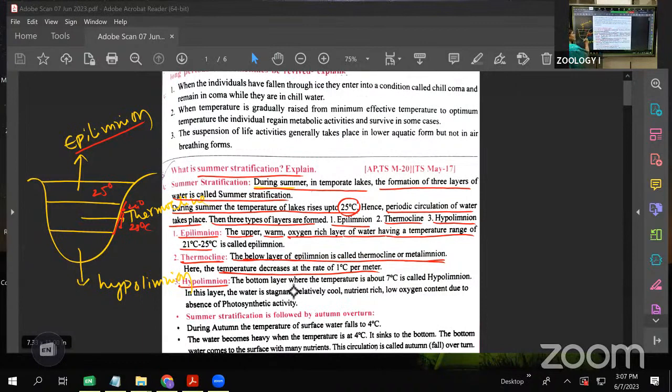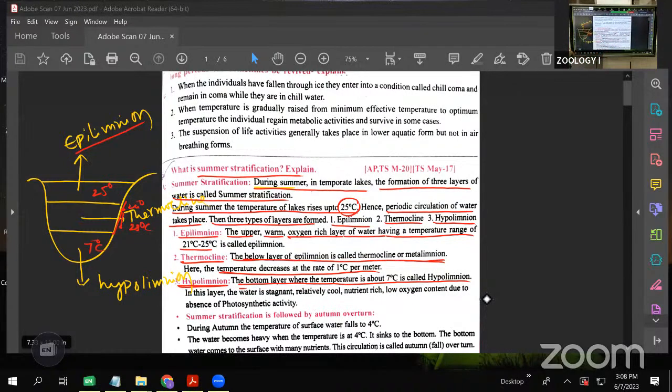Next is the last layer, the down layer, called the hypolimnion. It is the bottom layer. Compare here: upper has the more temperature, that's why 25 degrees centigrade. The temperature decreases, and when it comes to the hypolimnion it becomes 7 degrees centigrade. The bottom layer, where the temperature is about 7 degrees centigrade, is called the hypolimnion.